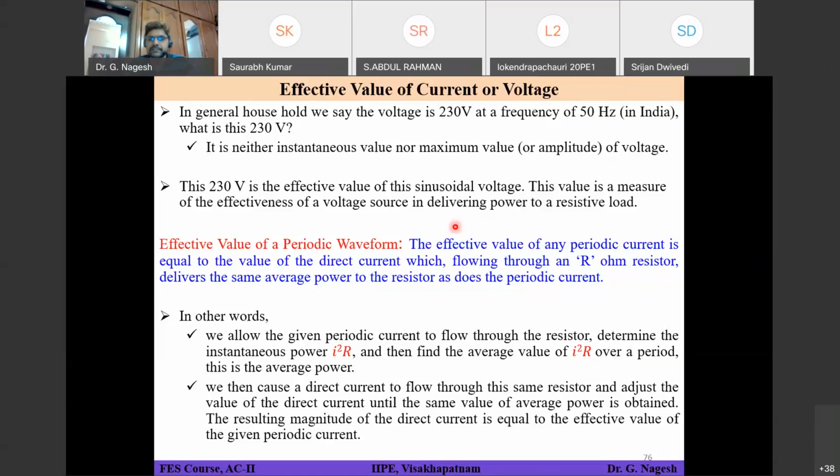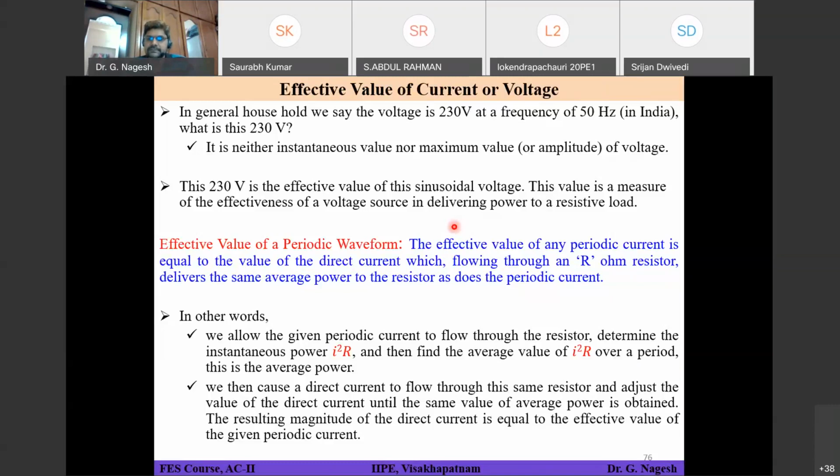So the effective value is nothing but a measure, an indicator giving us information on how effectively our source is able to deliver power to a resistive load. So this 230 volts shown in India for a single phase system is called the effective value.